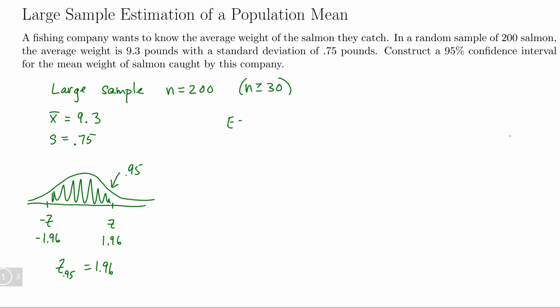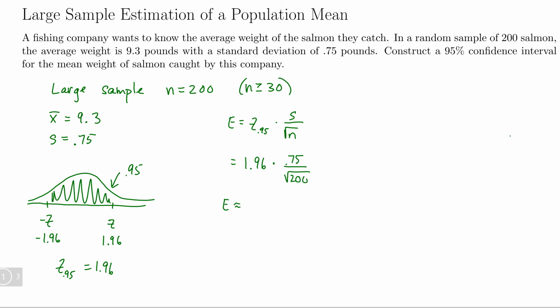Now we're looking to calculate the error. Our error is calculated by multiplying the z-score by s, or sigma if you have it, over the square root of n. The z-score is 1.96 times 0.75 over the square root of 200.